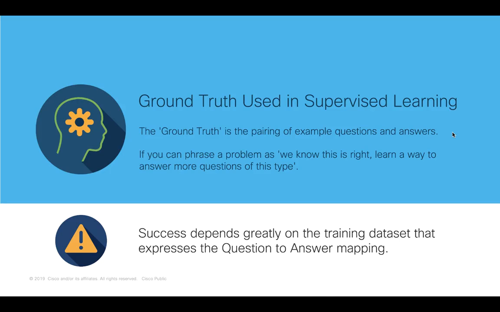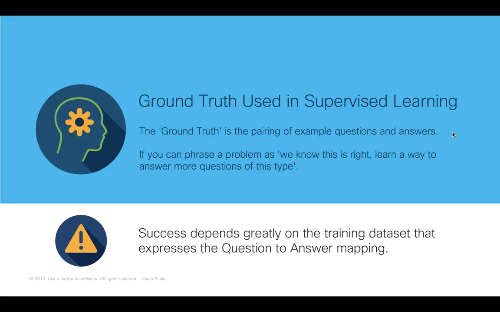The ground truth. If any of you are working around ML or are talking to people who are talking to you about how machine learning is working or supervised learning is working, it is the most important thing to understand what this ground truth is that they're using to train the supervised learning. At the end of the day, this is the thing that drives the classifiers, that is the heart of supervised learning.